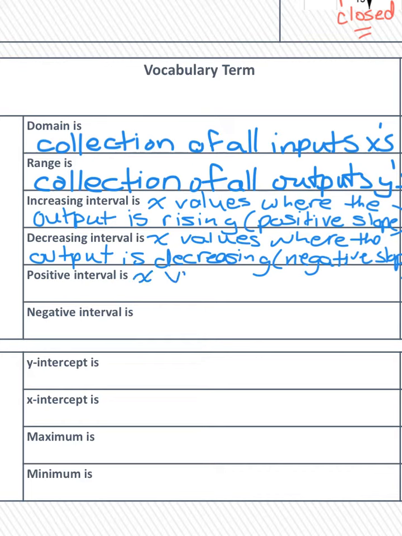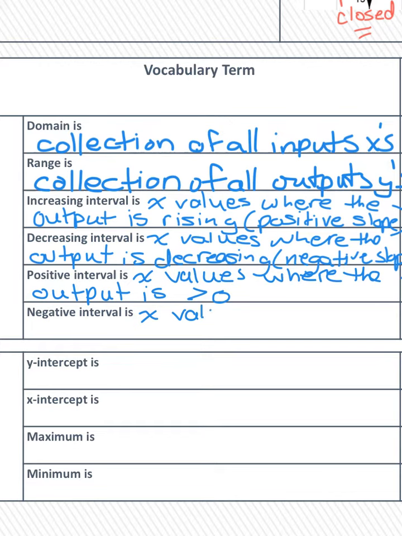So x values where the output is greater than 0, and x values where the output is less than 0.